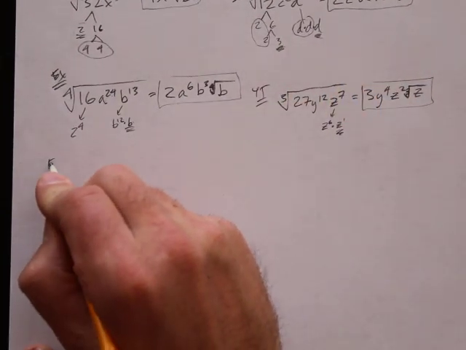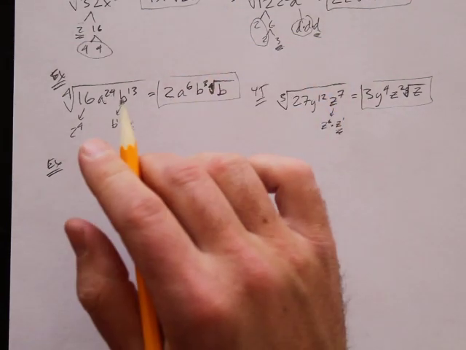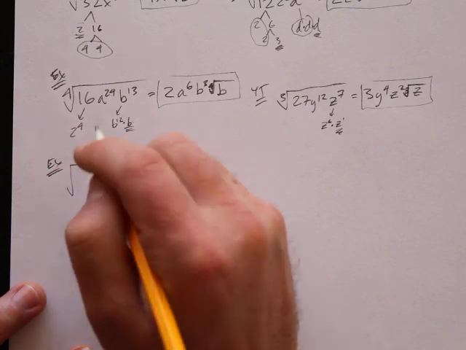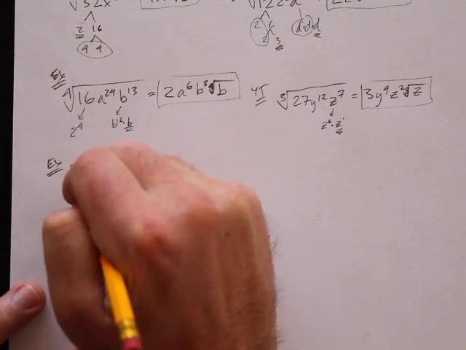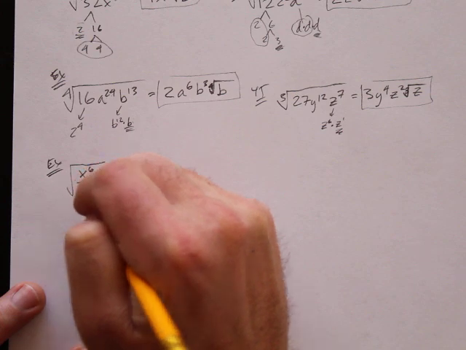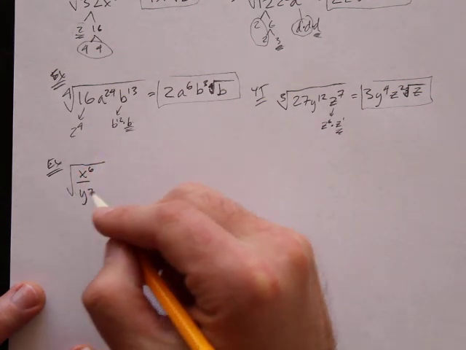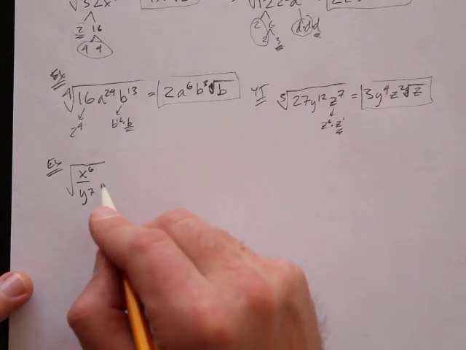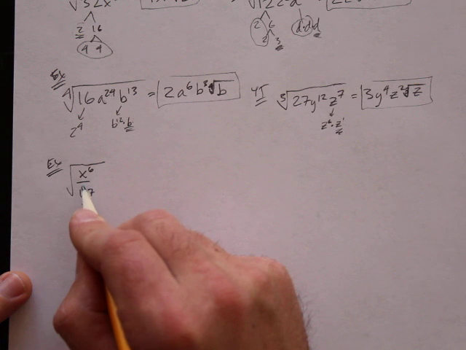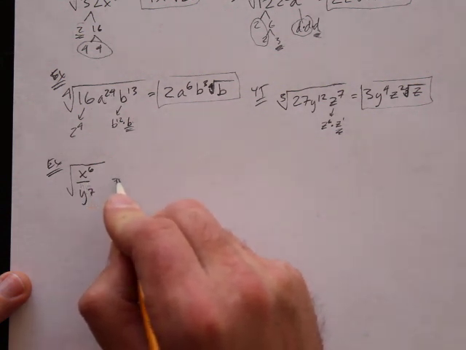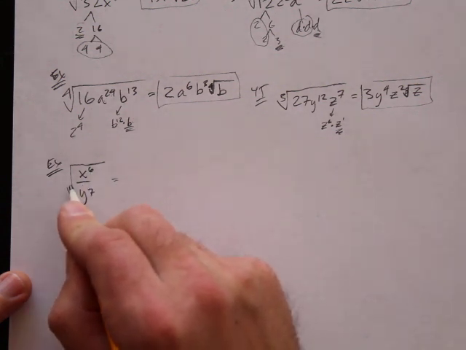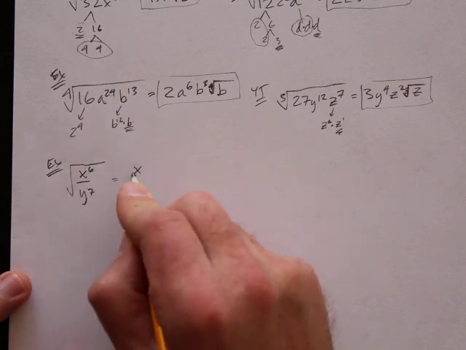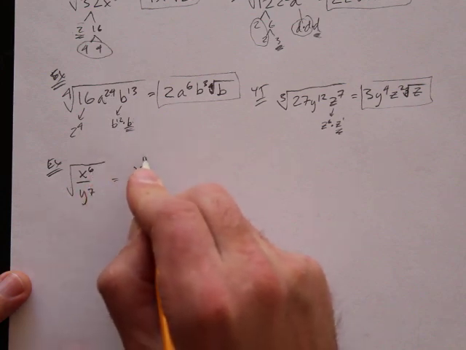Example. Next one here, I have the square root of x to the 6th over y to the 7th. So this is the square root of these two. So let's go ahead and take each of these individually here. So the square root of x to the 6th, or 6 divided by 2, is x to the 3rd.